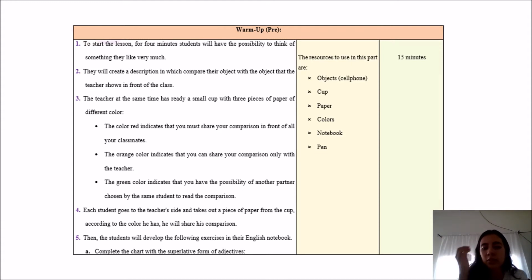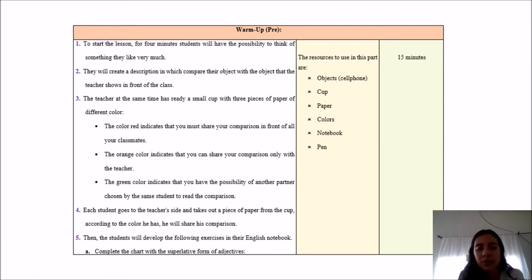There are 2 ways to form a superlative adjective. With short adjectives, we add est to the end of the word, and with long adjectives we use most. And we also add the at the beginning.